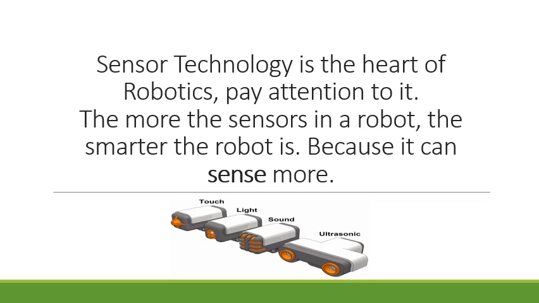With an ultrasonic sensor, once it senses a particular distance, you can program it to say "get off the way" or "you are hindering me." So you can see with these four sensors, the robot is smarter compared to if it had only the touch sensor. The more the sensors, the smarter the robot is.